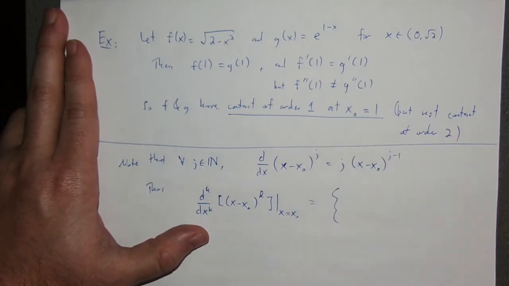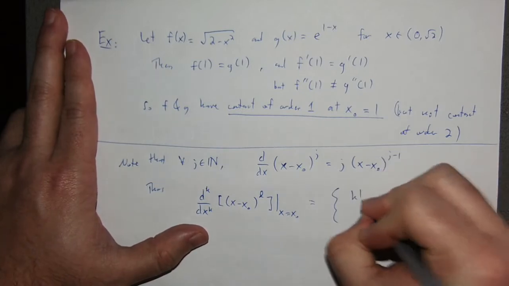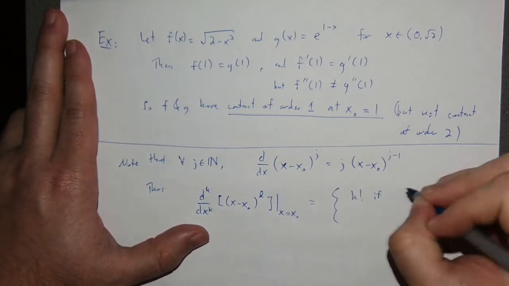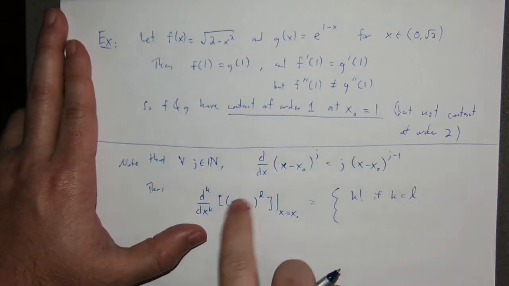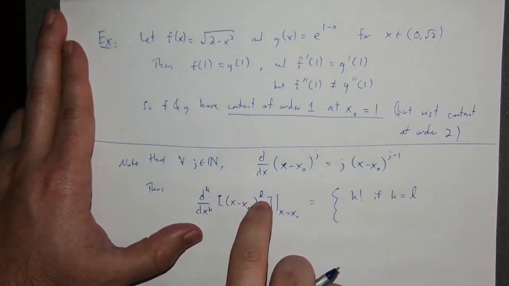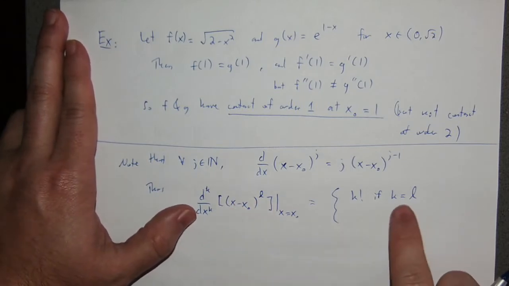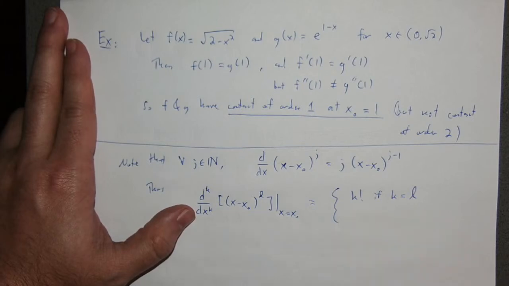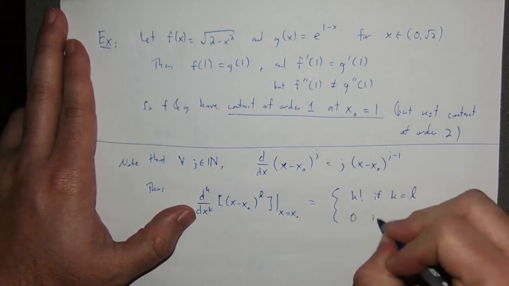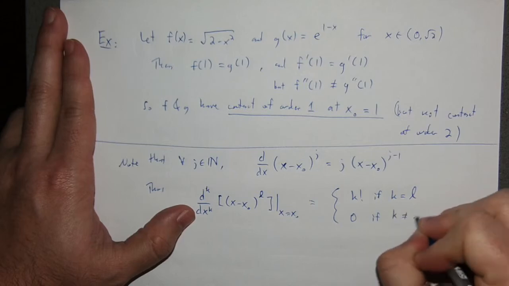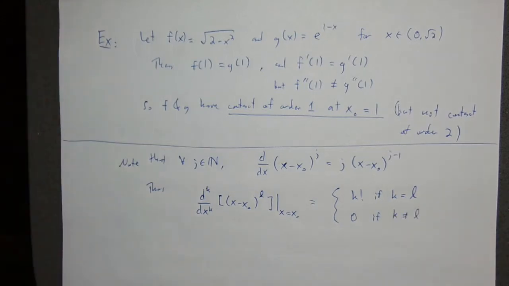You get k factorial if k is equal to L, meaning you have differentiated it just enough times so that the thing that is left over is exactly this k factorial, and 0 if k is not equal to L. There's still a term left behind that's going to zero this thing out when you evaluate at x equals x naught. That's all that means.